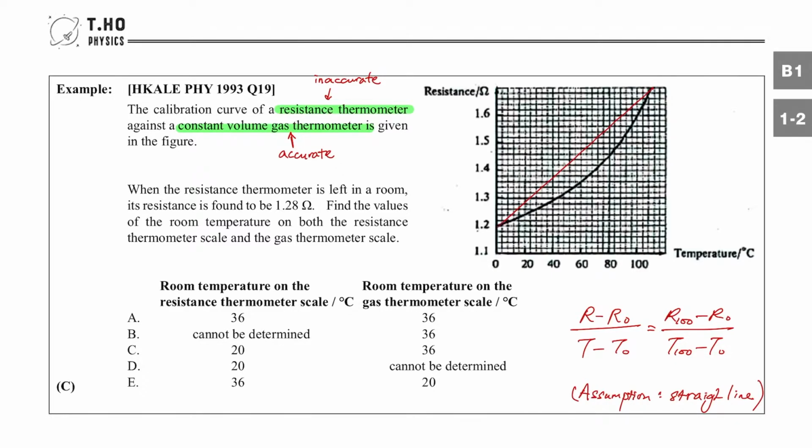However, when we use this equation for calculation, what we are assuming is that the resistance of the resistor will vary like this. However, this is inaccurate. Okay, but this is used in our calculation.